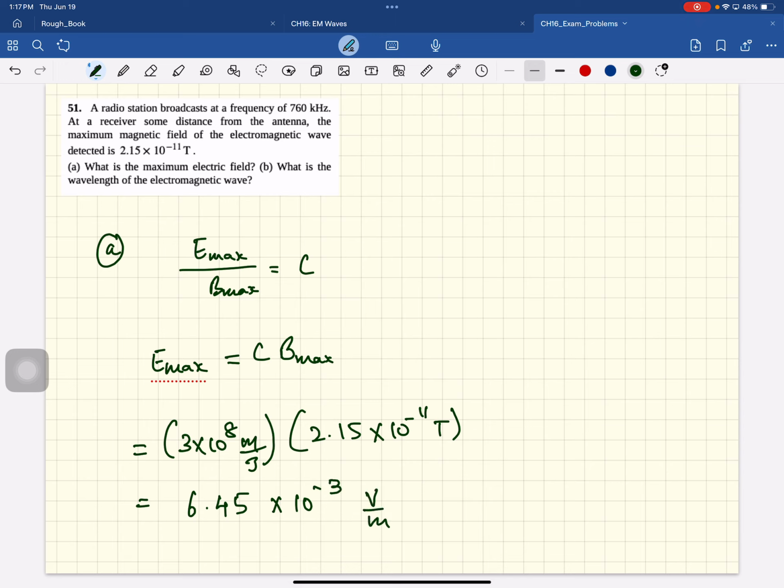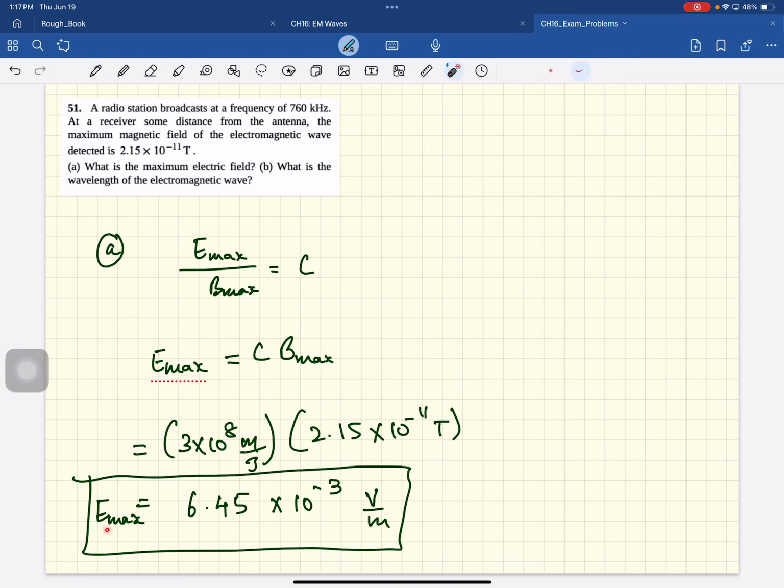Volt per meter. Okay, so the electric field strength is that. What does this mean? So if you have a dipole antenna that's a meter long, the voltage that will be induced in this dipole antenna is a millivolt, 6 millivolts. Okay, so that's what that means.